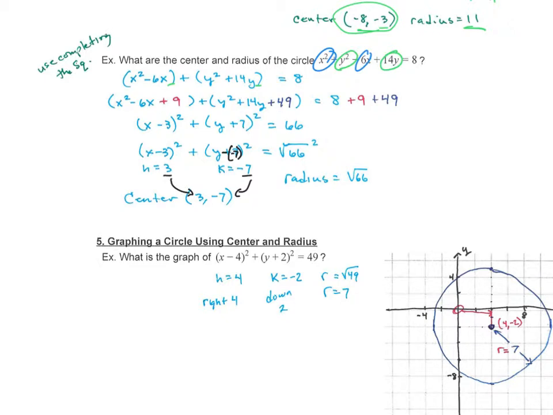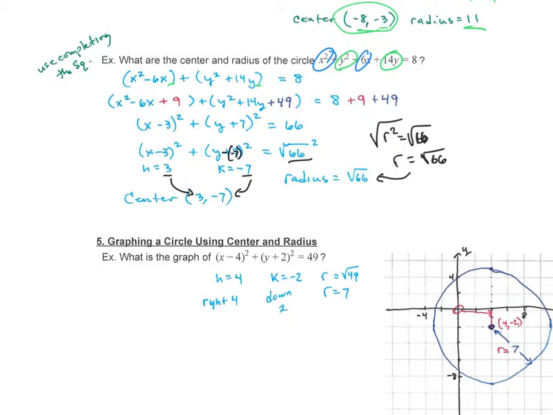And then r squared is going to be equal to 66. If I find the square root of both of those, I get r equals the square root of 66. So there we go. We know that the radius is equal to square root of 66, and this would symbolize r squared.